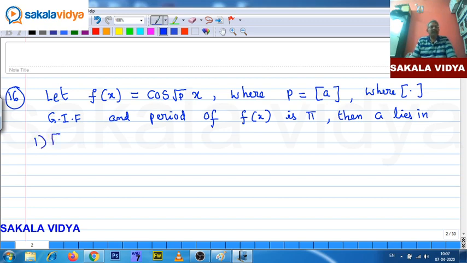So, during this time please note down the question. First option closed 4 comma 5, second option closed 4 comma 5 open, that is actually semi closed. Here open 4 comma 5 closed, fourth one, okay, fourth one.